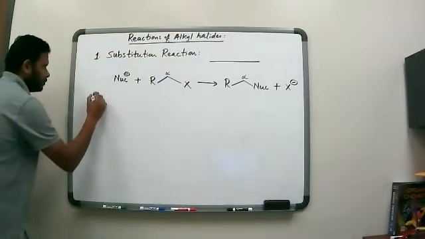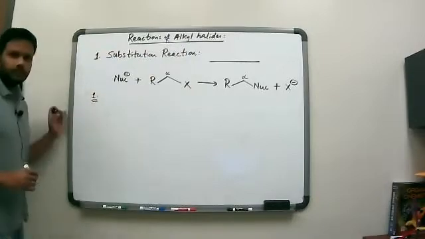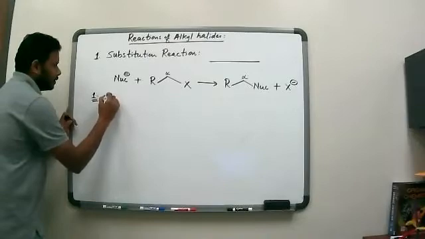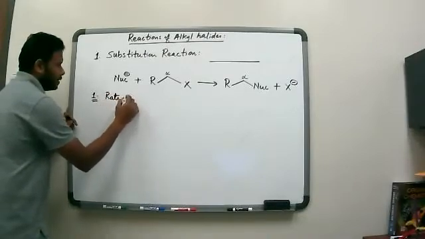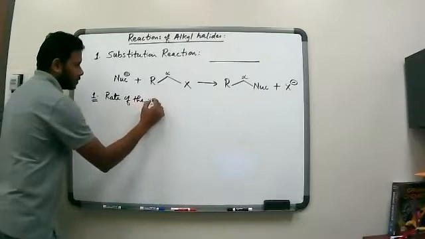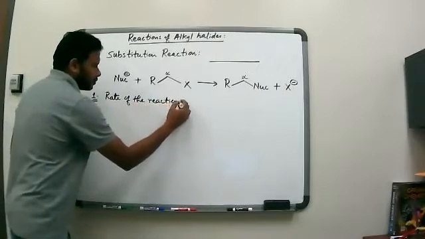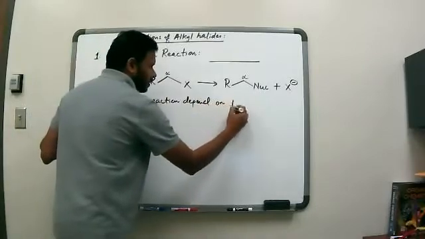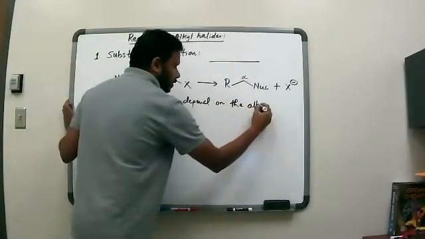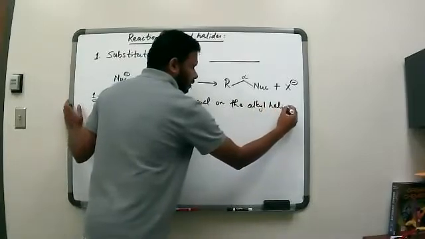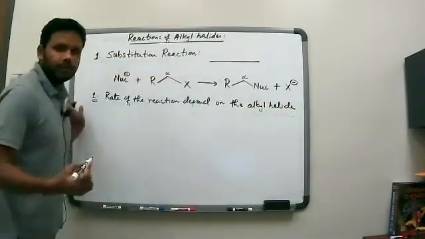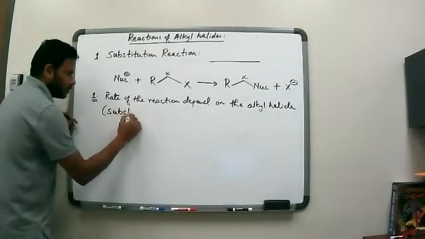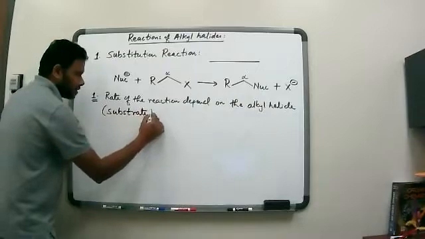A few facts about this reaction. The rate of the reaction depends on the alkyl halide. For the remainder of this chapter, we are going to call the alkyl halide our substrate.